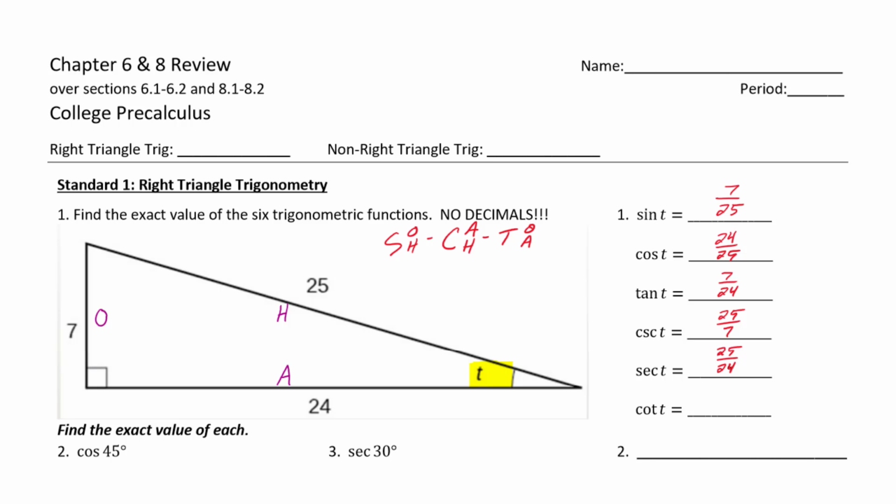And cotangent is the reciprocal of tangent, so that would be 24 over 7, just referencing that 7 over 24 from before. Just take note, if any of those happen to have a radical, be mindful that we may need to do some rationalizing, which, recall, means just get any denominators to no longer have a radical on them. The way we would do that is just multiply by whatever that radical is on top and bottom and simplify as needed.